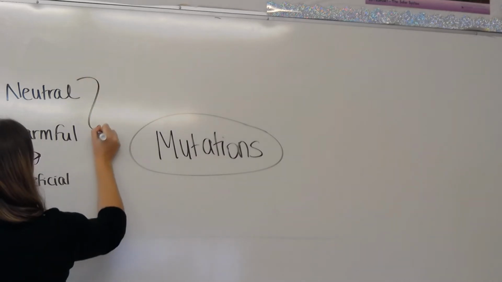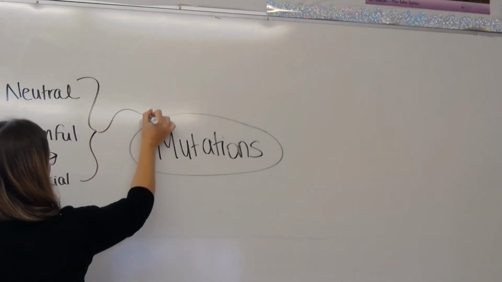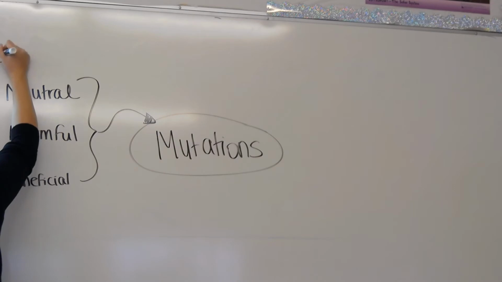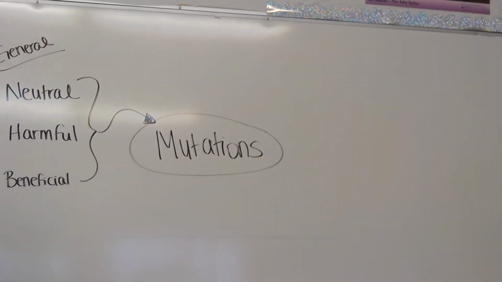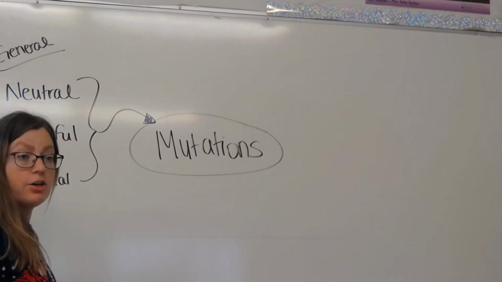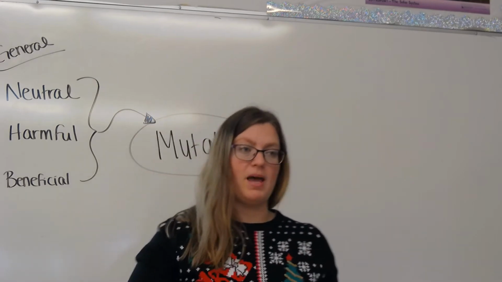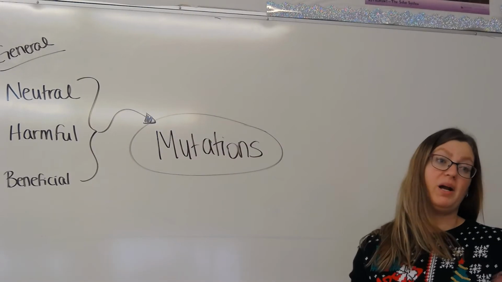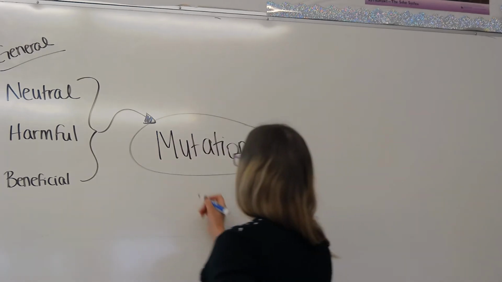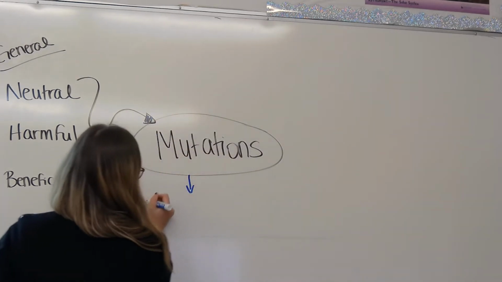And these, again, are just very, very general types. Okay, so neutral, don't have any impact. Harmful are obviously going to harm that organism's chances of having more babies. Beneficial is going to increase the chances of that organism having some babies. Because again, everything in bio is apparently about having babies. We also have point mutations.